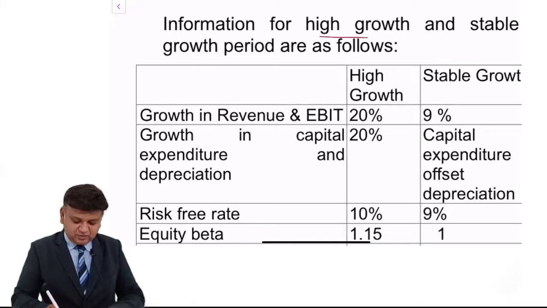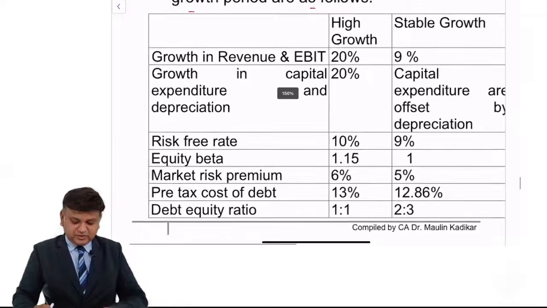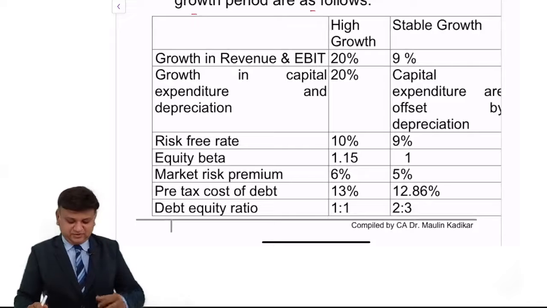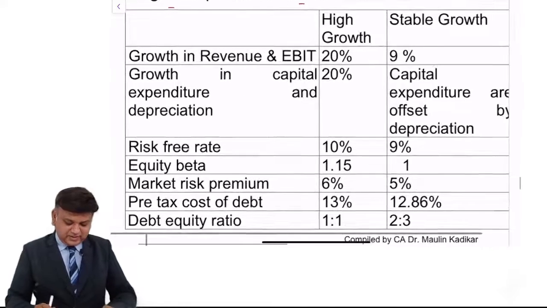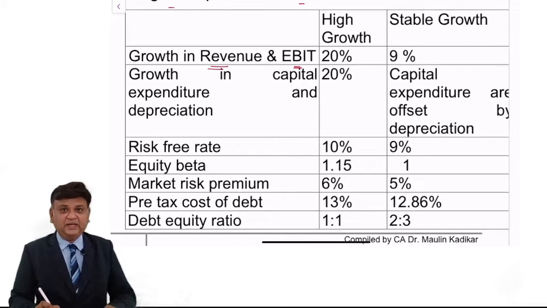Information for high growth and stable growth period are as follows. Growth is provided in terms of the revenue, that is sales, and EBIT, that is operating income.